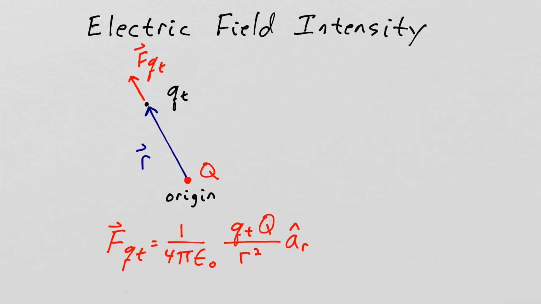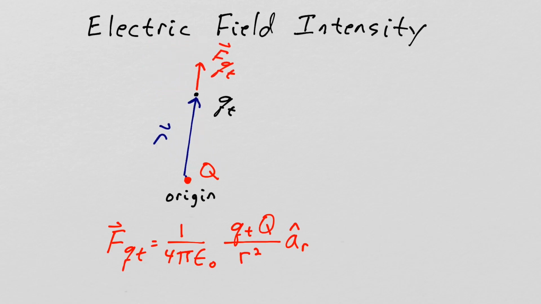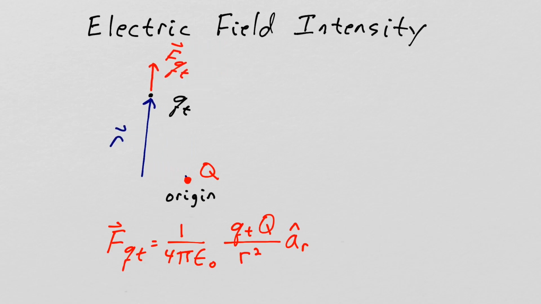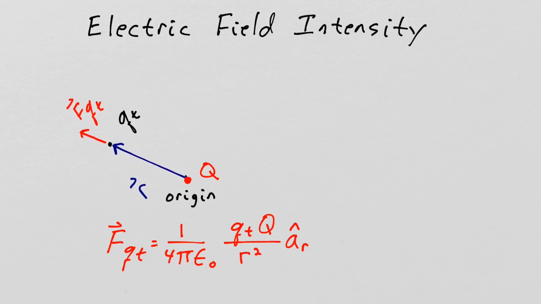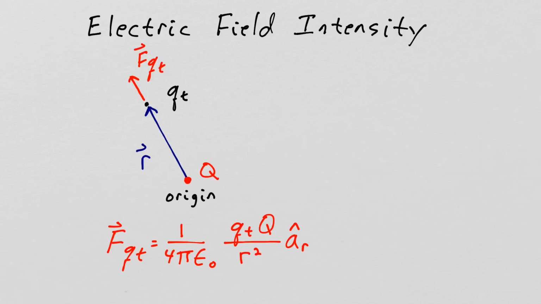So for instance, I could move Q sub t over there and measure the force on it. I could move Q sub t over here and measure the force on it, and so forth. So you could map out the force Q sub t would experience anywhere in space because of the Coulombic force from our charge at the origin.